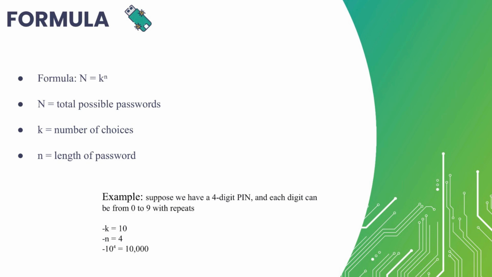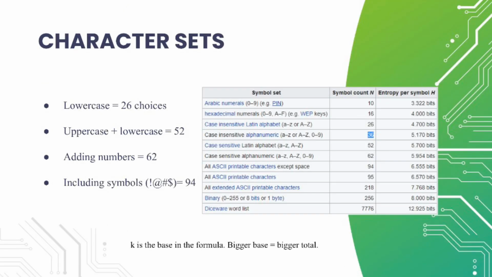So a small n or a small k would equal a small number of possible combinations, which would lead to a weak password. If we only use digits, we have 10 choices. If we use lowercase letters, that gives us 26 choices.